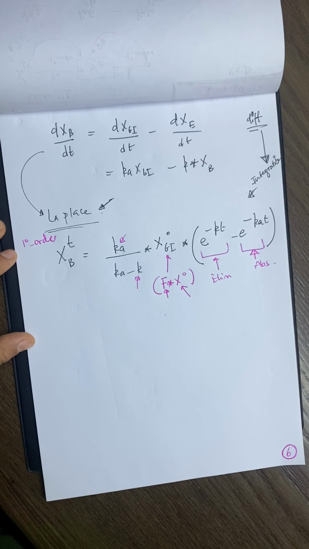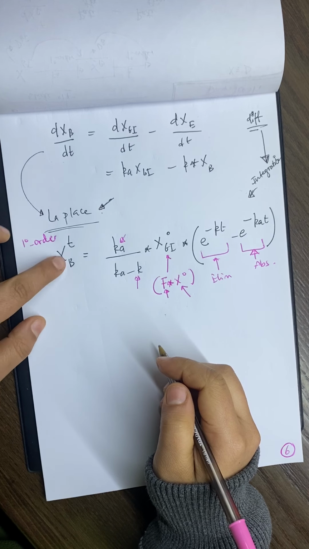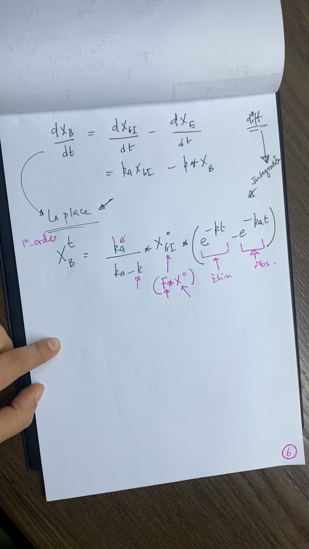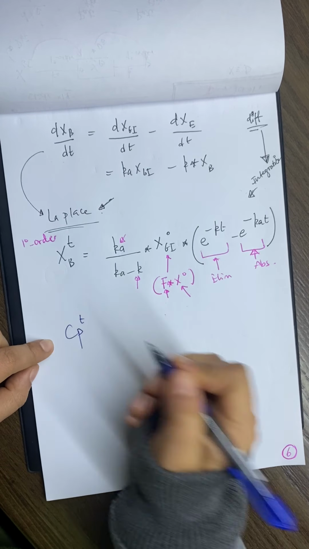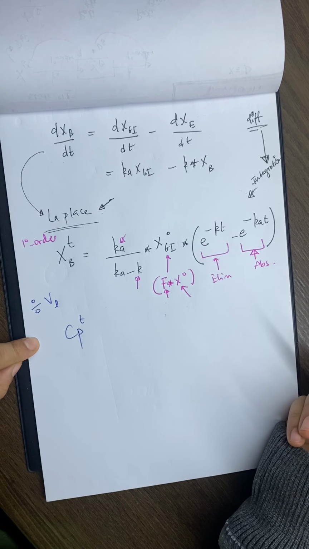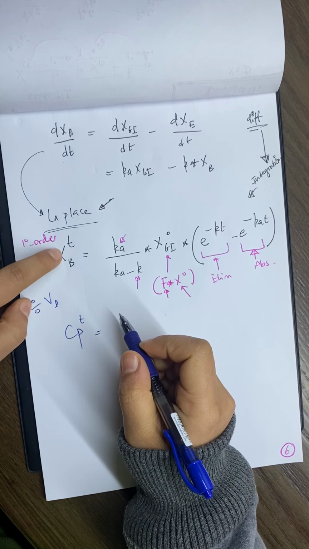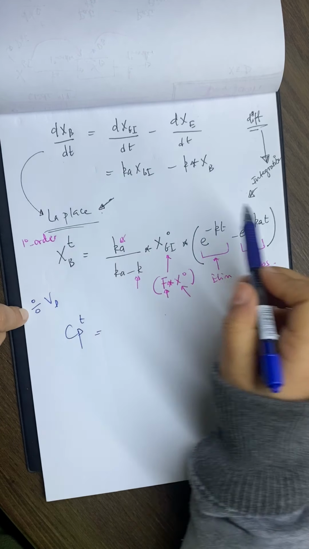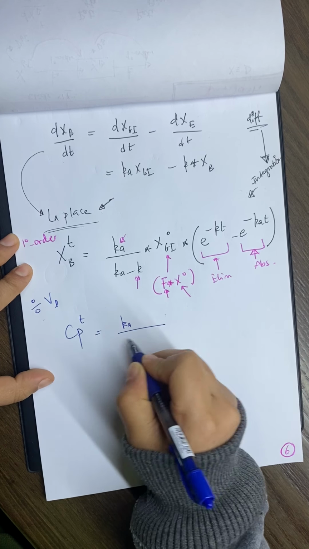If this equation needs to be changed to concentration, which is usually what we measure, you only need the volume of distribution, right? If we divide the whole equation by the volume of distribution, you'll have this.